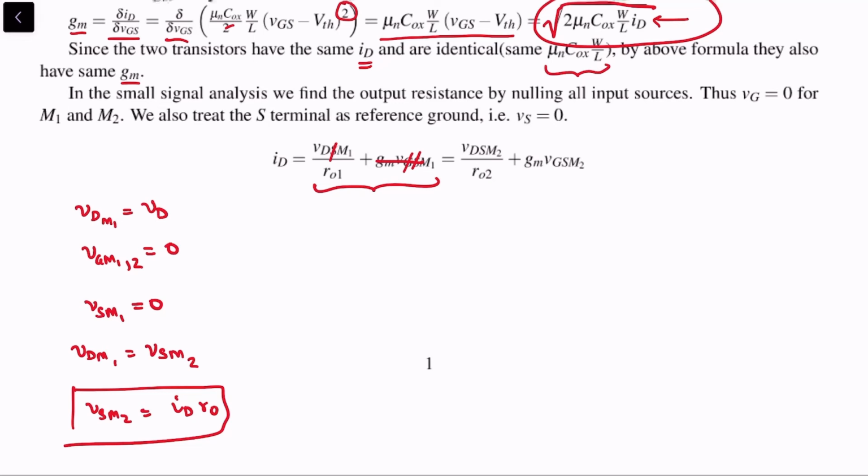Then in the second expression we can just substitute Vs M2 here, right? And since Vg M2 is 0, this will simply be minus gm Vs M2, and Vs M2 is ID r0, so this is minus gm times ID times r0, right?